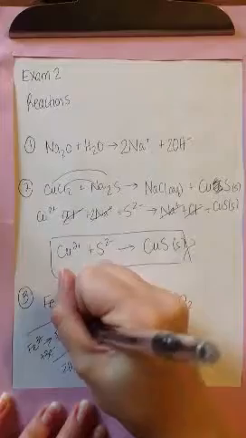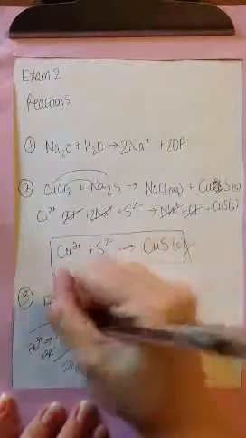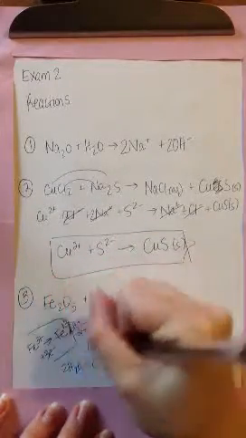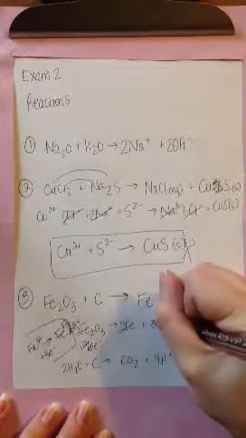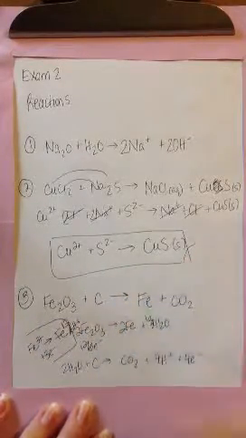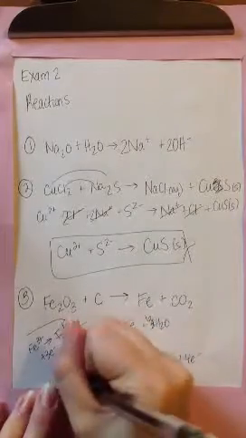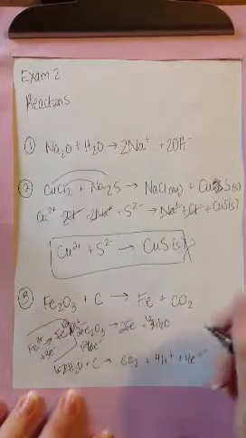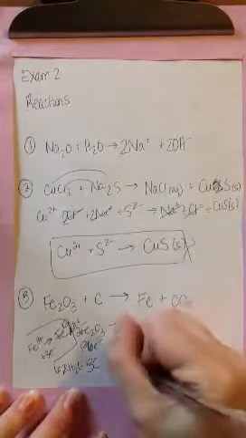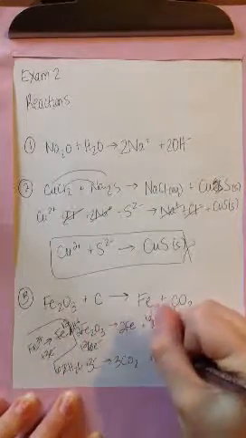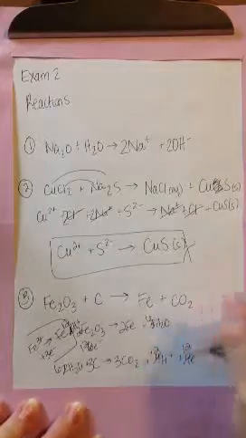Well, I got to make both of these 12. So that means I'm going to multiply everything here by 2. So that would be 12 H's, 2 of those, 12 electrons, 2 of those, and then 6 of those. Multiply everything here by 3, so 6 waters. Let's see, 3 carbons, 3 CO2s, 12 H's, 12 electrons.